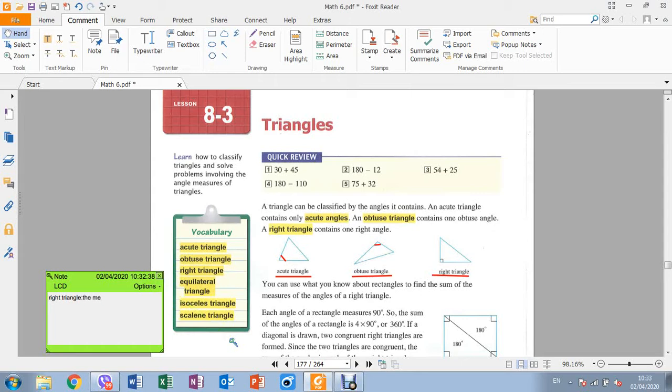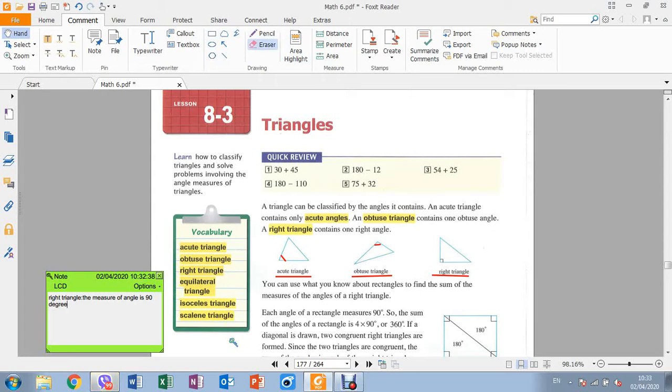When the measure of the angle is 90 degrees, that's called a right angle.